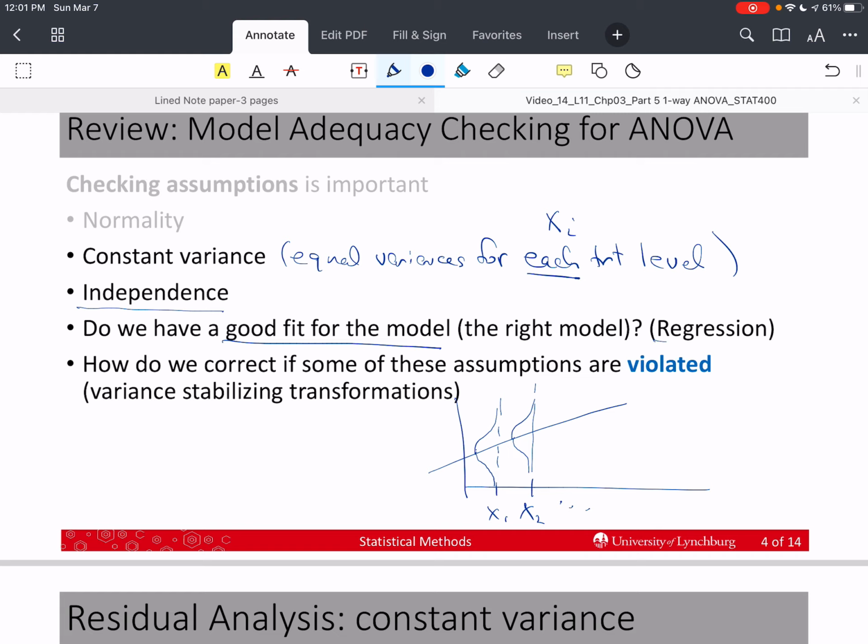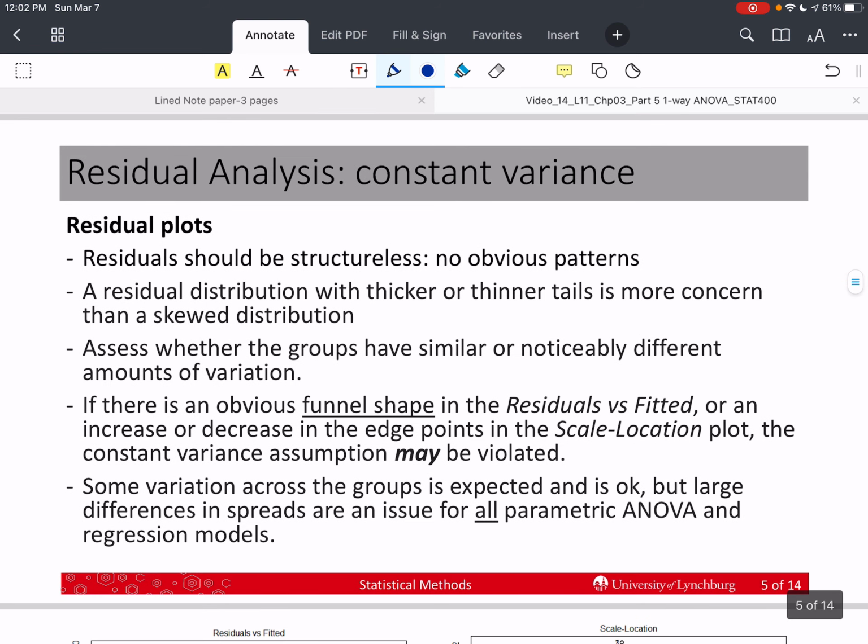We may need to modify it, and we use regression to determine that. And if we have a violation of the constant variance, how do we correct that? There we're going to use variance stabilizing transformations. We can also use some of these transformations to make the model a better fit, so if we transform the Y or the X or both. We'll talk about that as well.